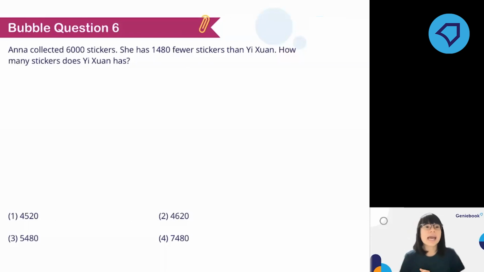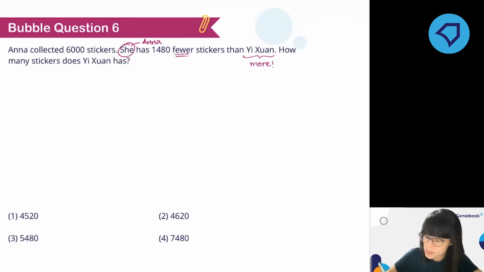Okay, yes, Anna collected 6,000. She has fewer. She refers to Anna, correct? She refers to Anna, and Anna has fewer. This means that Yixuan has more. If Yixuan has more, do we need to do addition or subtraction? So number of stickers Yixuan has.